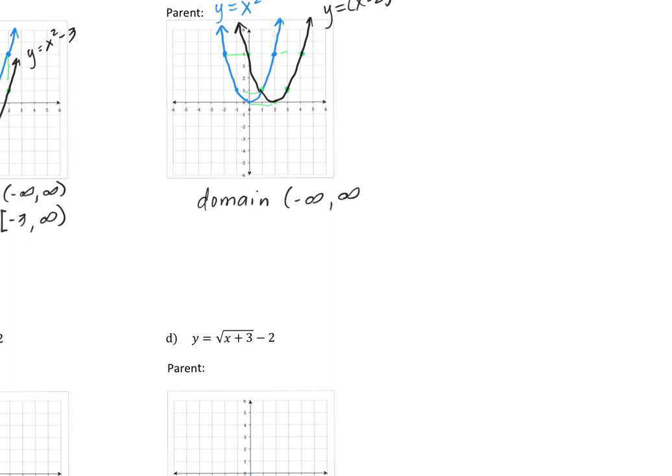It's still going to be negative infinity to positive infinity. And the range for this particular parabola, if it was just an x squared, would have been 0 to positive infinity. Shifting left and right did not change my y values. My first y value is still 0. And then I go to positive infinity.